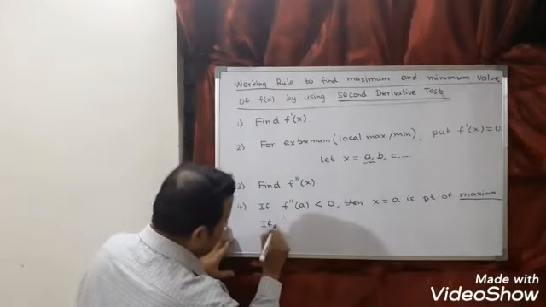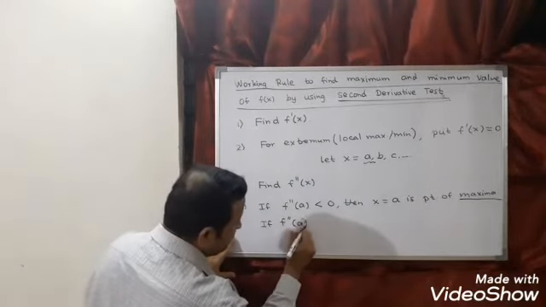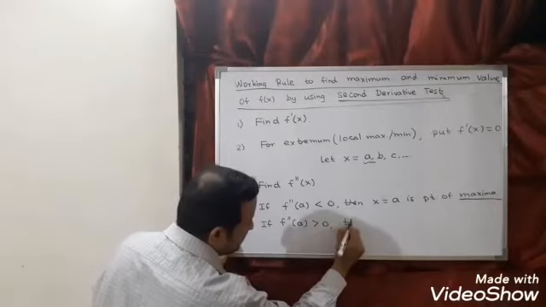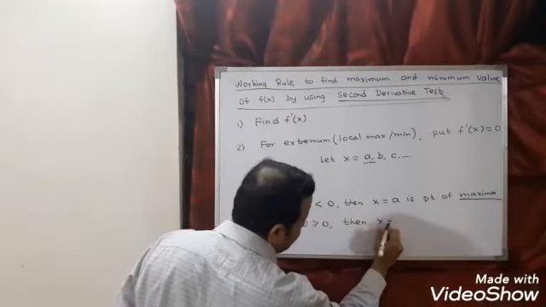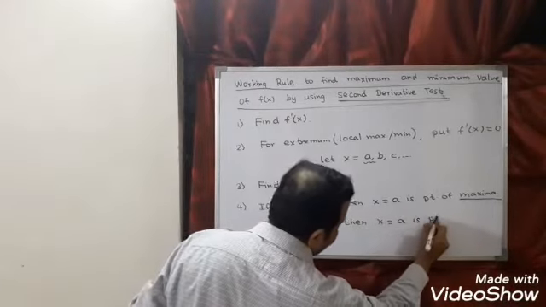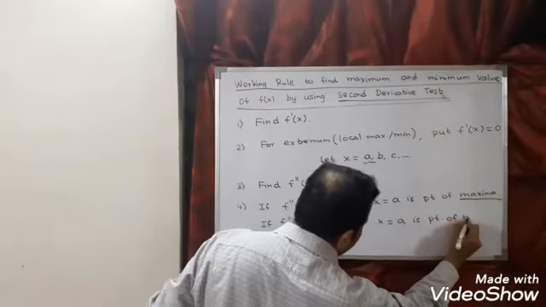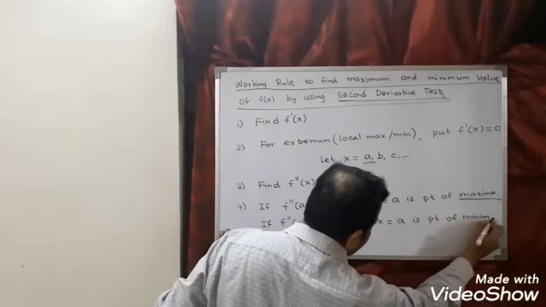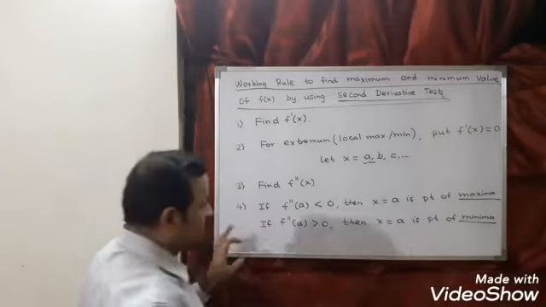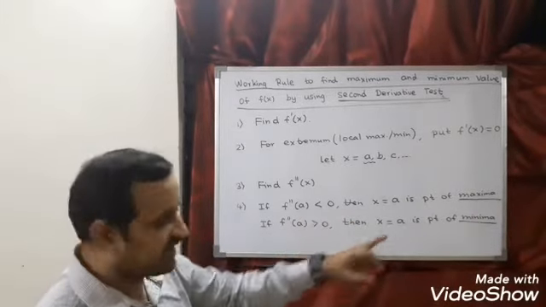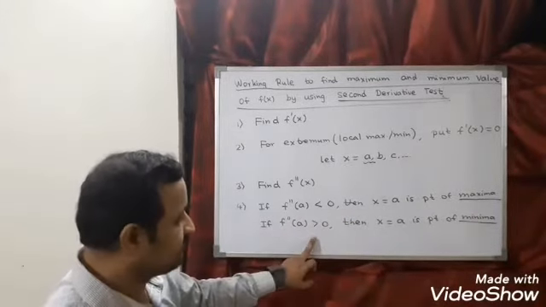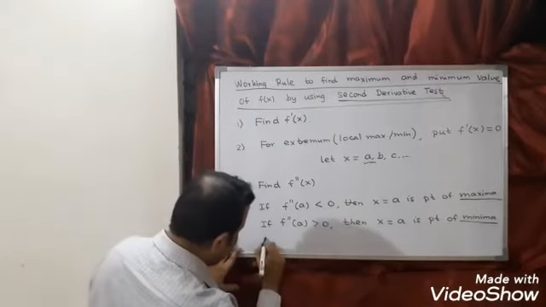If f double dash a is greater than 0, then x is equal to a is a point of minima. So second derivative negative, maxima. Second derivative positive, minima.